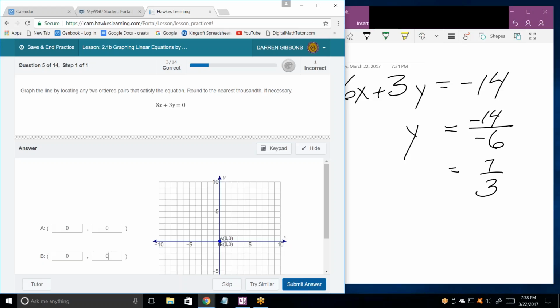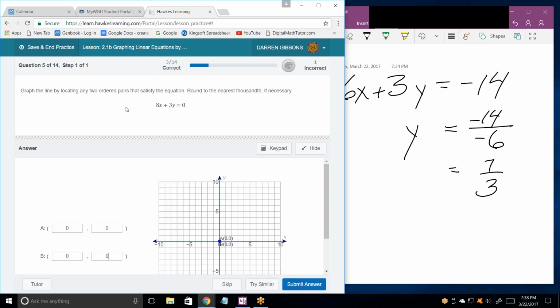They didn't like my answer, and I see why. Yeah, y can be any, no matter. Yeah, there's more than one equation or more than one solution here.